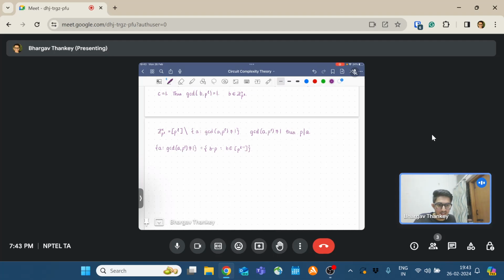So a must look like b times p, with the smallest value of b being 1 and the largest being p to the l minus 1, right? Because if it were larger than p to the l minus 1, then a would be larger than p to the l, right?